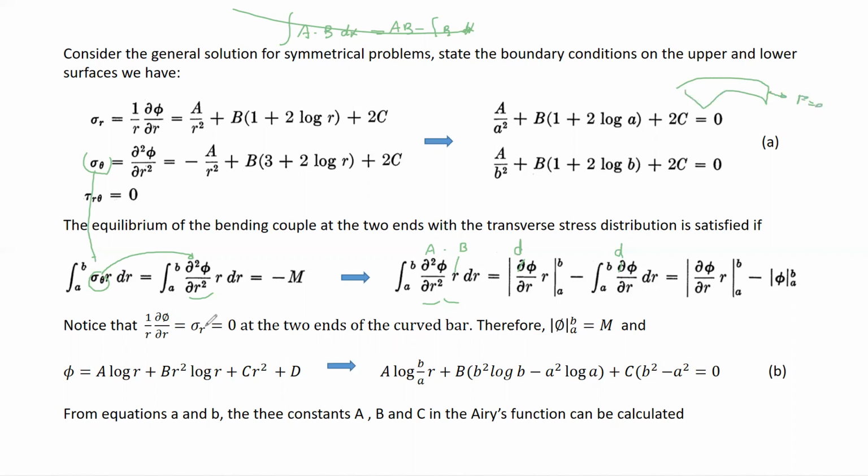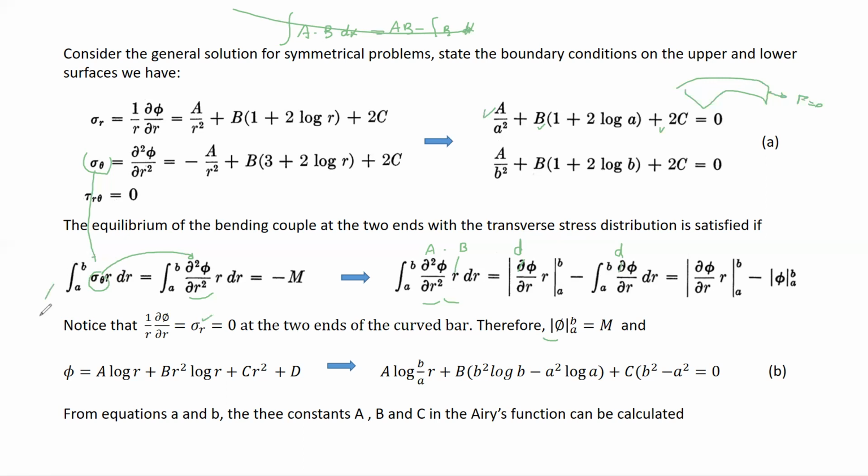So the first term is equal to 0. And the second term should be equal to the moment here. So the phi function from A to B is equal to M. Substitute that one there. You will be able to have three equations. A and B and C can be calculated from these three equations.